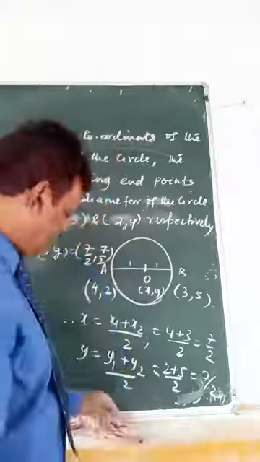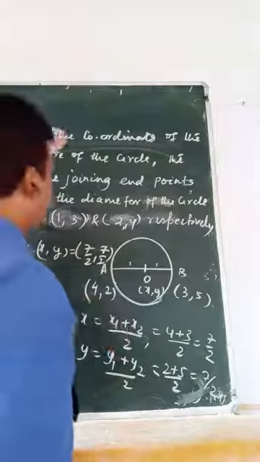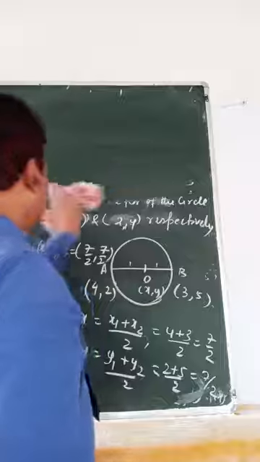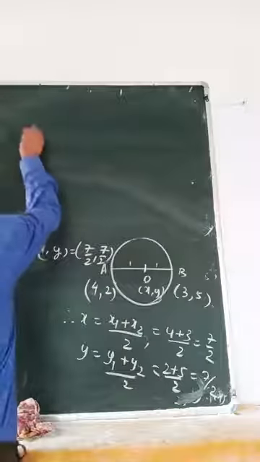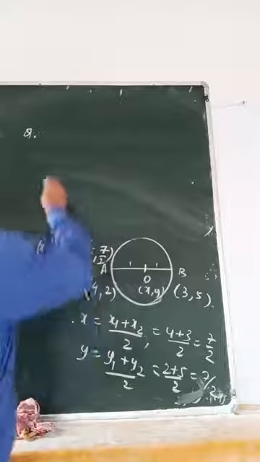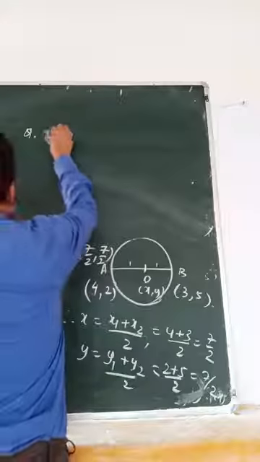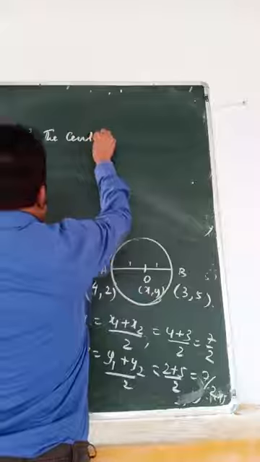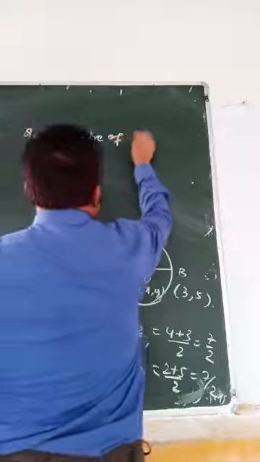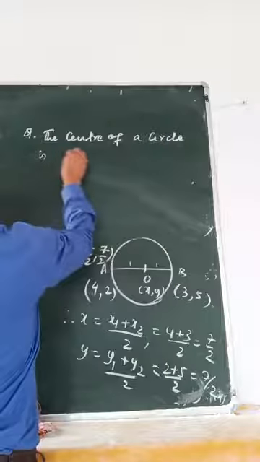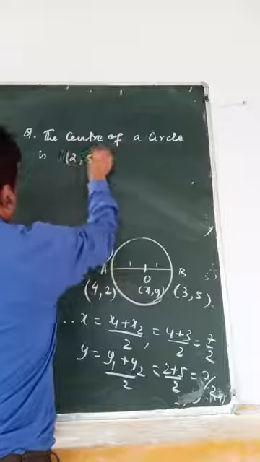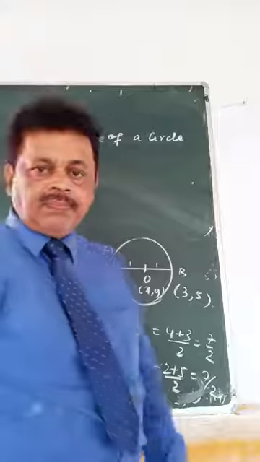Now, this question also can be asked in the reverse. Question is, the center of a circle is (2, 5).